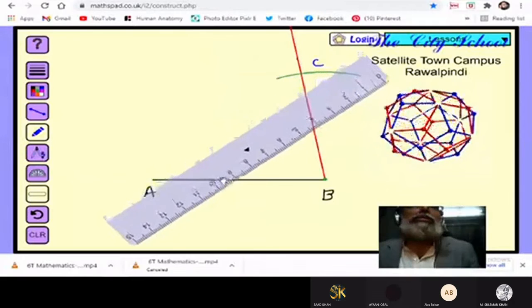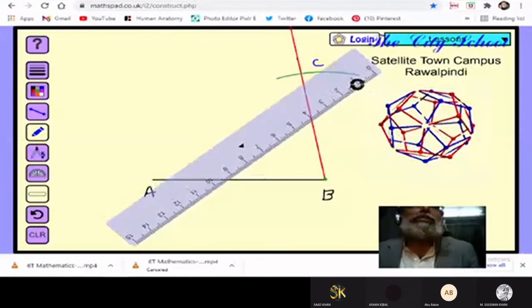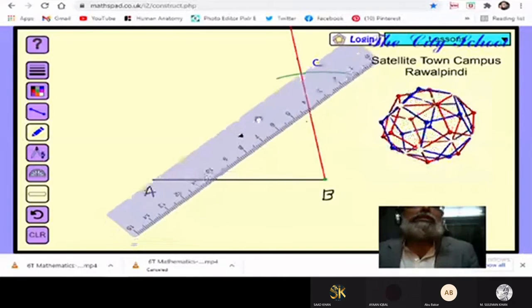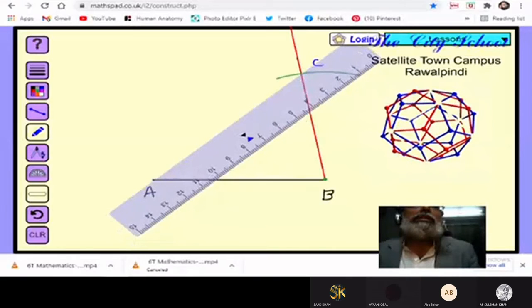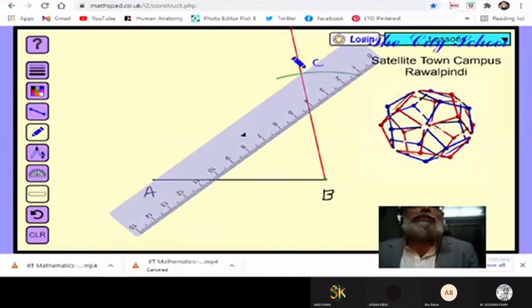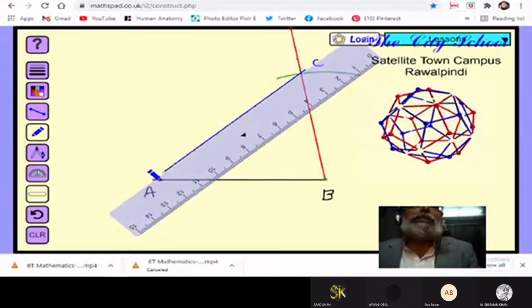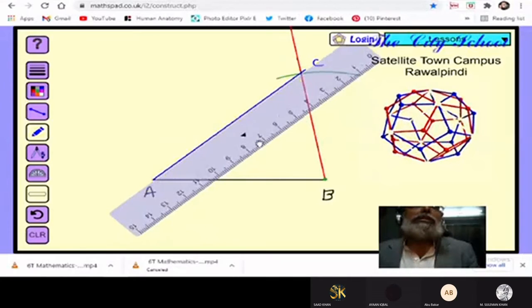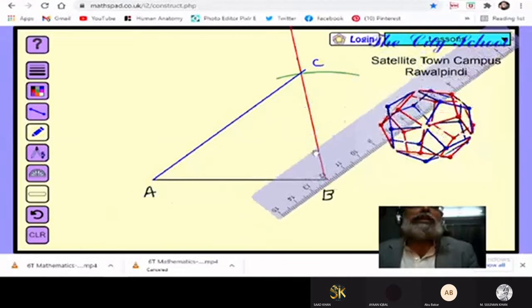So you can see here, the points are here. Okay. Now we are joining these points. You can see here, this is our line.